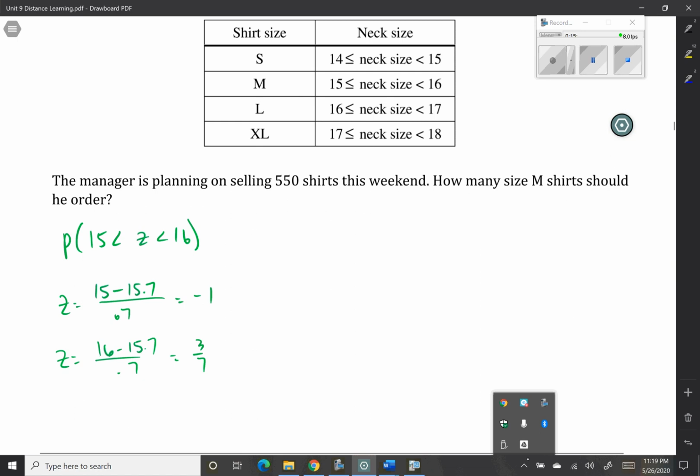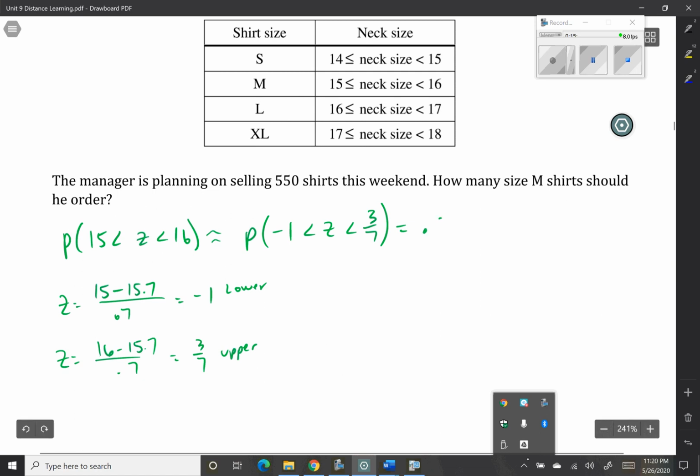We could even say, what's the probability the z-score is between -1 and 3/7? Now that I actually know the z-scores that I want to plug in, here's my lower number, here's my upper number. So if we plug this in, second vars, make the lower number -1, the upper number 3/7.